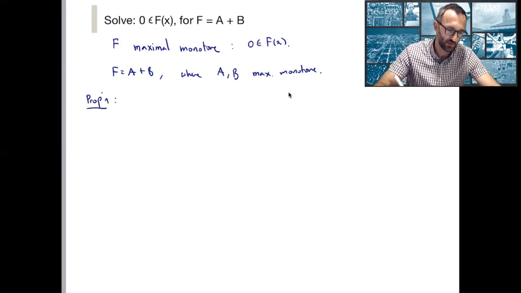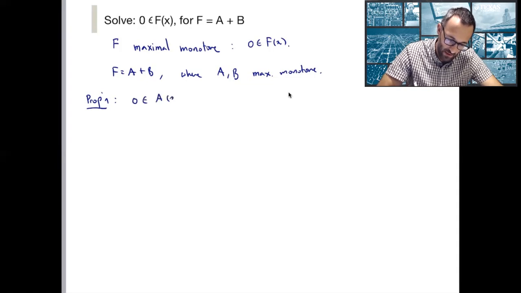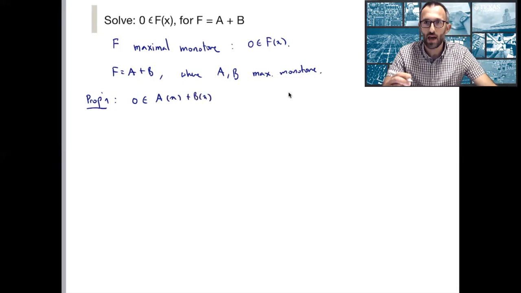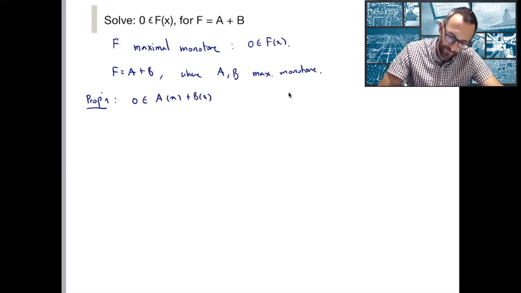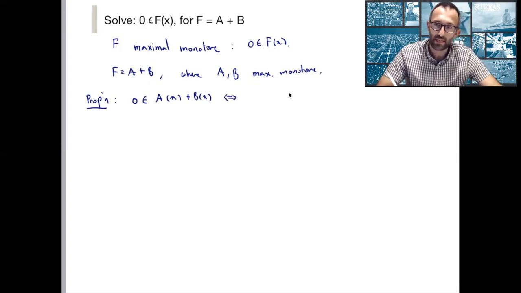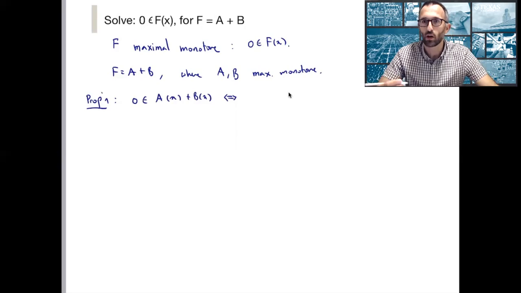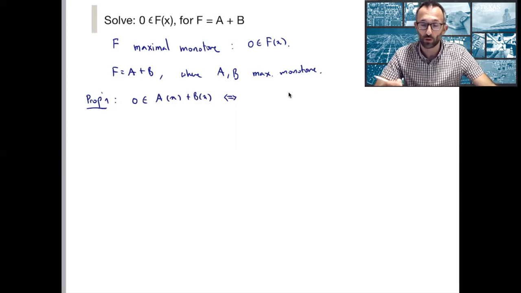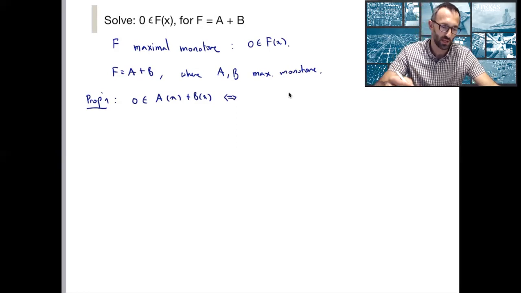So our proposition is as follows. 0 is an element of Ax plus Bx, in other words, x is a solution to this set of generalized equations, is equivalent to writing that Z is a fixed point of the composition of the Cayley operators that correspond to relations A and B. Remember, there's a bit of abusive notation there.